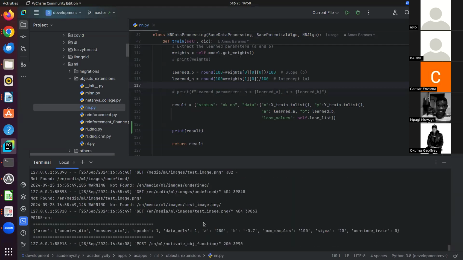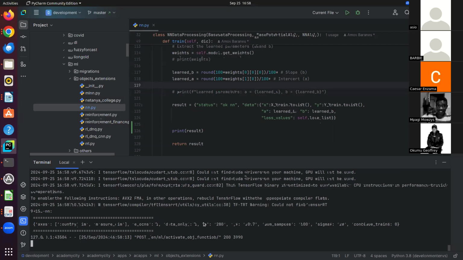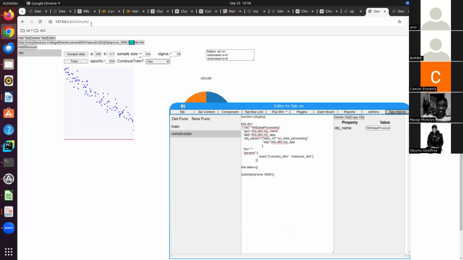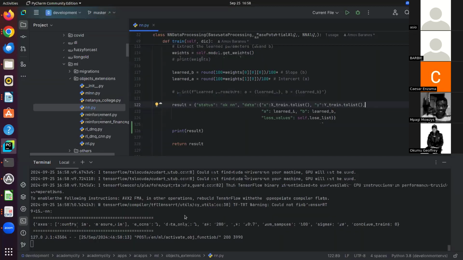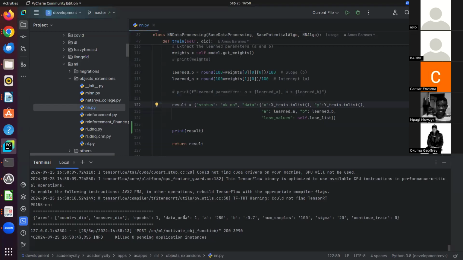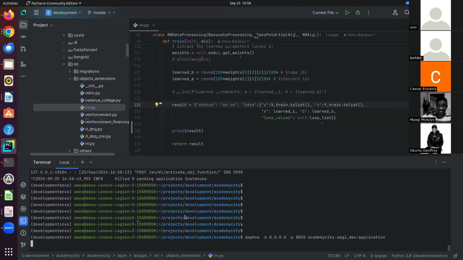Hold on a second. Am I in the wrong place? How come? Oh, this one should be machine learning 50. Apologize, one second, sorry. How come I'm not getting anything here? That doesn't make any sense. I thought I did.